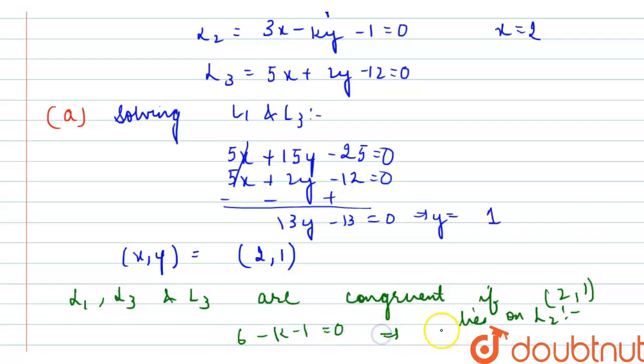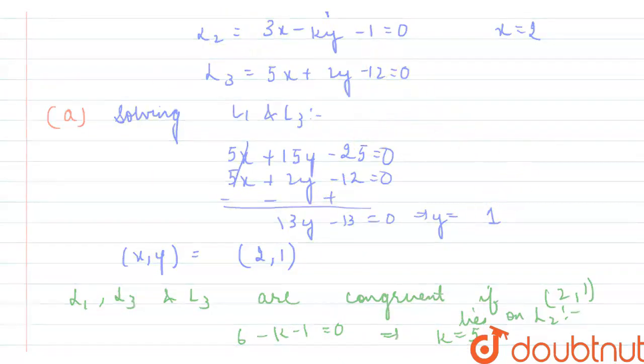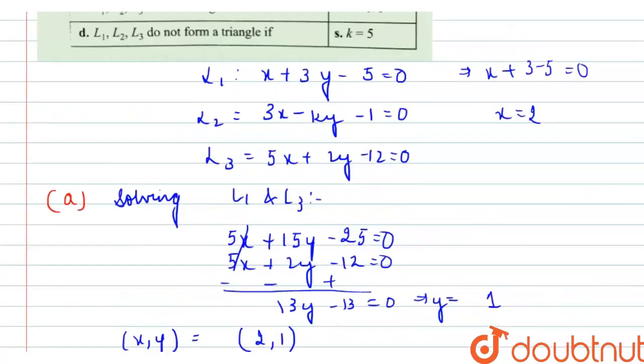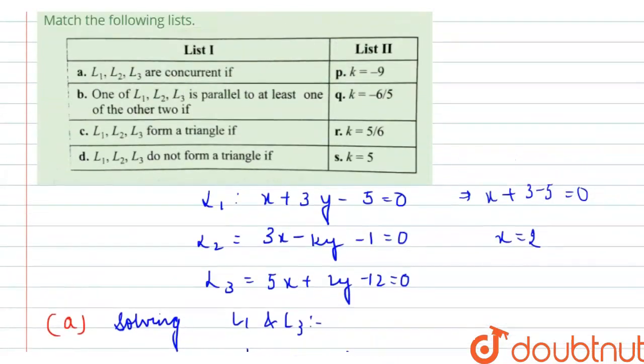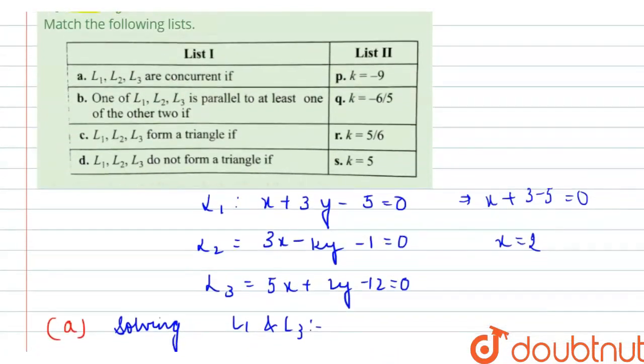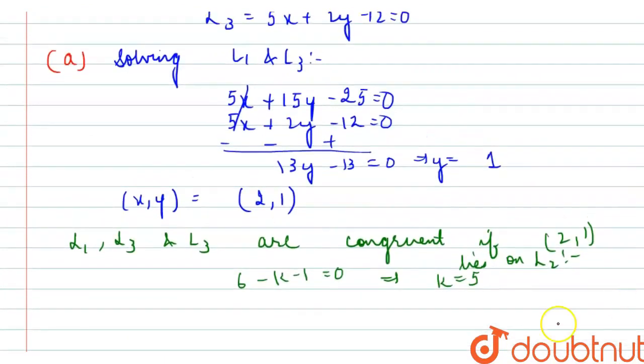So it implies k is equal to 5. Let's see the given options. The correct is option A. A part goes with k equal to 5, that is option S. So option S is the correct option.